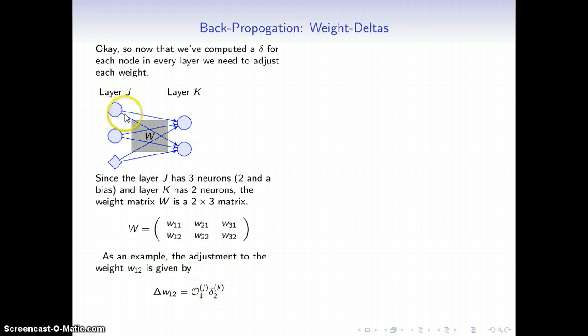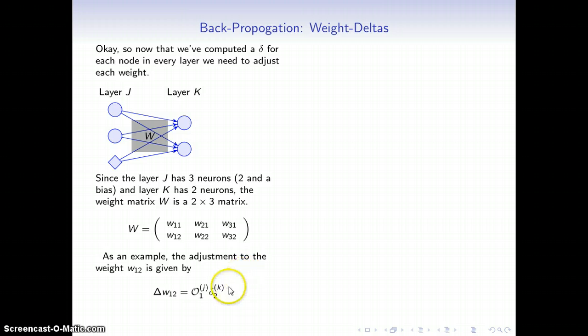Let's say we pick the first node of layer J and the second node of layer K. Then the change in that weight from 1 to 2, which is this guy right here, is going to be the output of the first node in layer J times the delta of the second node in layer K, which right here you can see is script O sub 1 upper J times little delta sub 2 upper K.